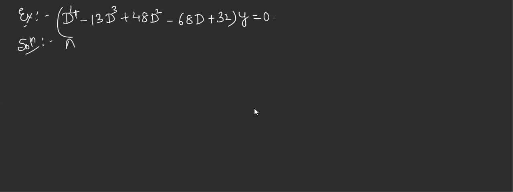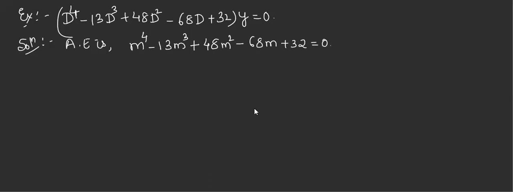What do we have to write first? The auxiliary equation. Tell me what is the auxiliary equation? Replace all the D's by m: m to the power 4 minus 13 m cube plus 48 m square minus 68 m plus 32 equal to 0.